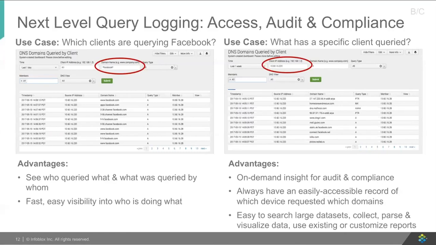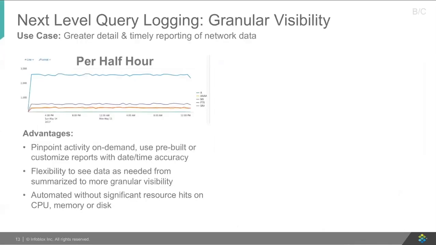We appreciate that. So Craig, as we look forward, in terms of granular visibility, one of the other advantages with this is, of course, being able to see a lot greater detail. The graphic that you see there is on a per half hour basis.